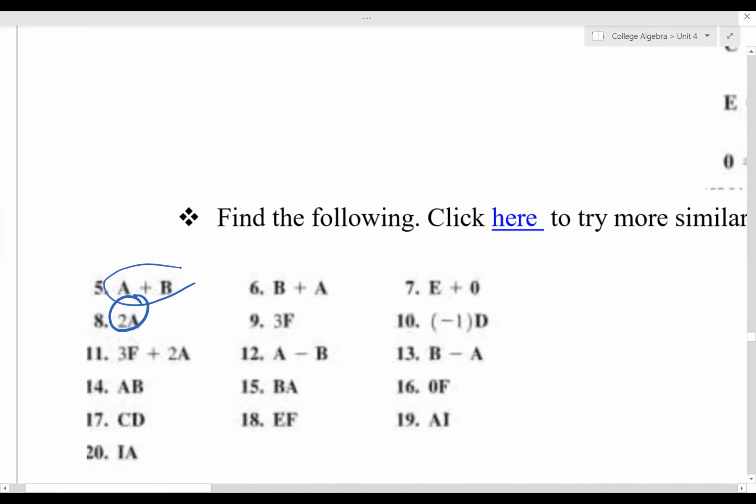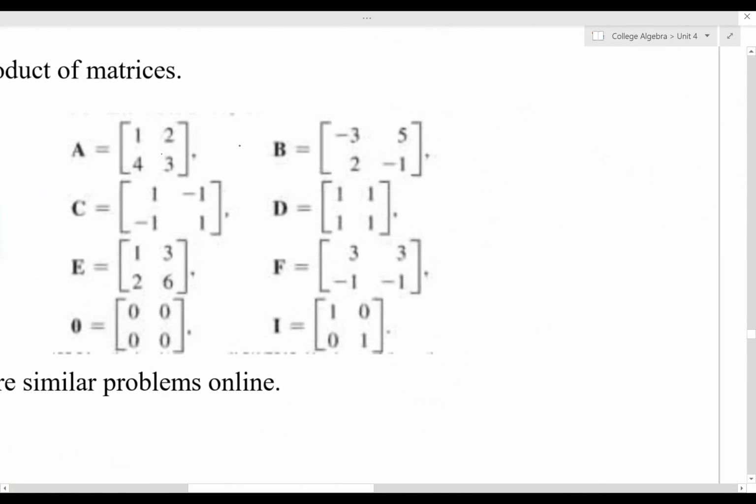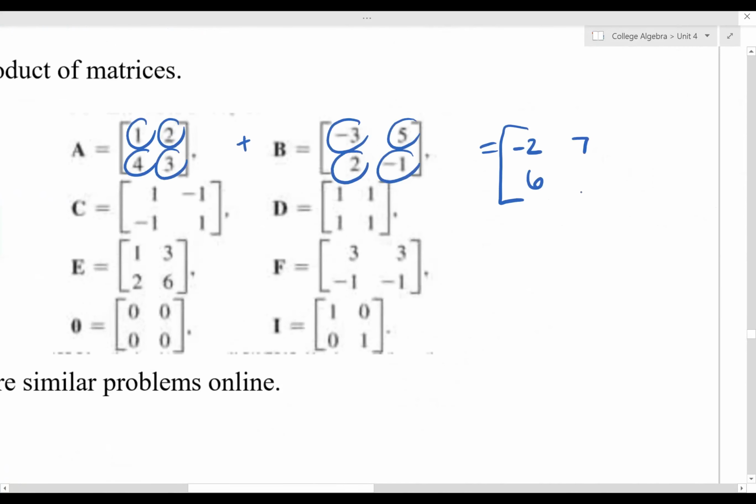So like matrix A plus matrix B, then I would add 1 plus negative 3, so you're doing the top left numbers. 4 plus 2, so that's your row 2, column 1 numbers. And then we have 2 plus 5 is 7. 3 plus negative 1 is 2.